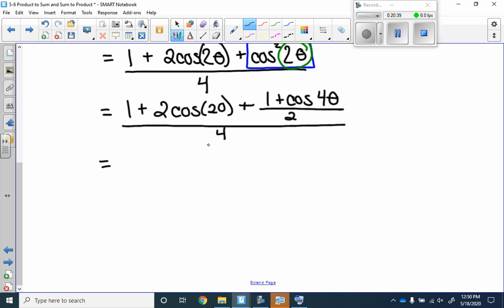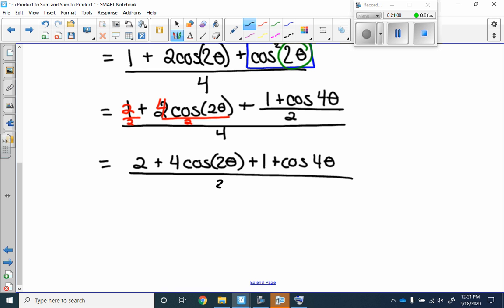And I can go ahead and simplify this down. Common denominators here, if I wanted to put these each over 2, then I have to put a 2, and this would have to be turned into a 4. So I'd have 2 plus 4 cosine of 2 theta plus 1 plus cosine of 4 theta all over 2, which is all over 4.